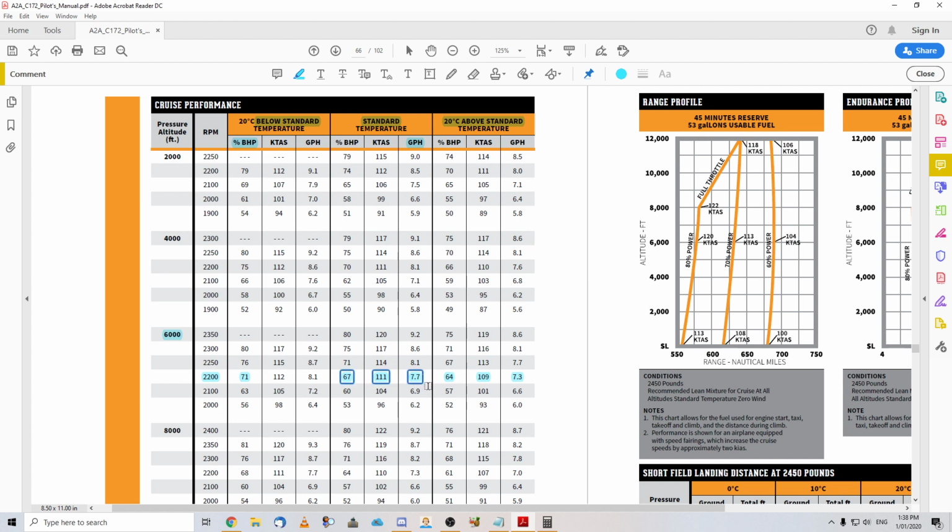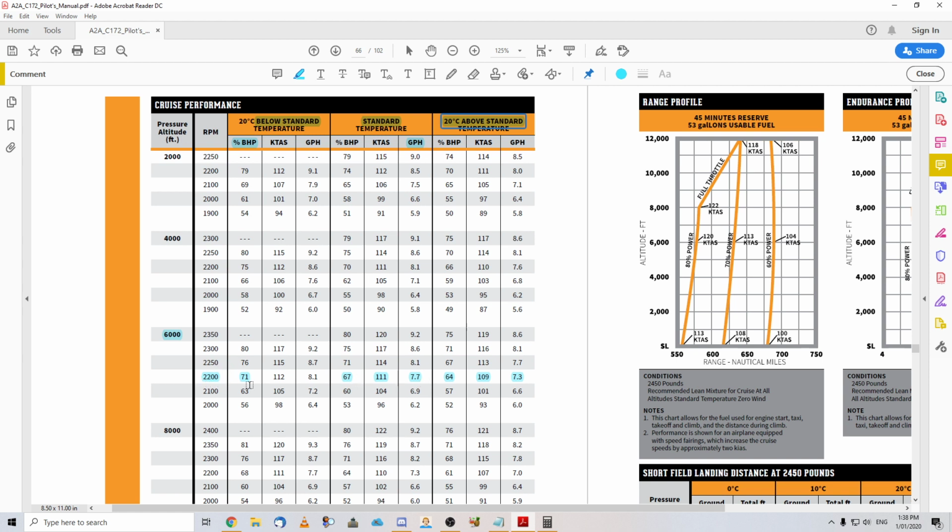So I'd rather carry a little bit more. Rather than trying to work out the average between those two, I'll assume that we're going to be operating at standard temperature. ISA and ISA plus 7 is not much. If it's ISA plus 18 or 19, then obviously I'd use that column. But today we're going to use that column.